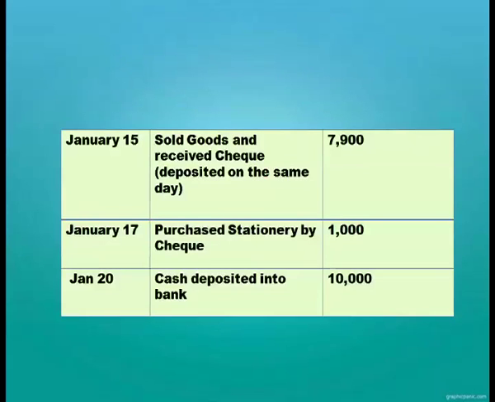Sold goods and received check. Deposited on the same day. So, bank account debit to sales. Purchase stationery by check. Stationery debit to bank. Cash deposited into bank. This is a contra entry, bank to cash. 10,000.